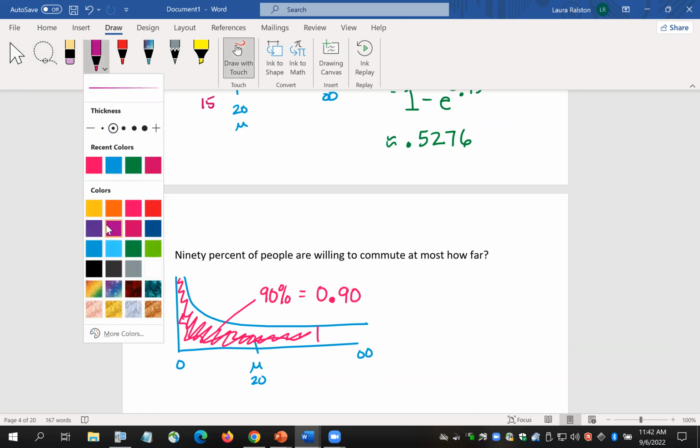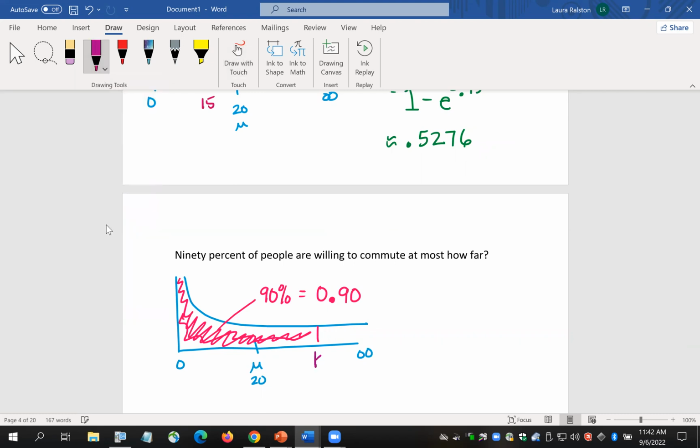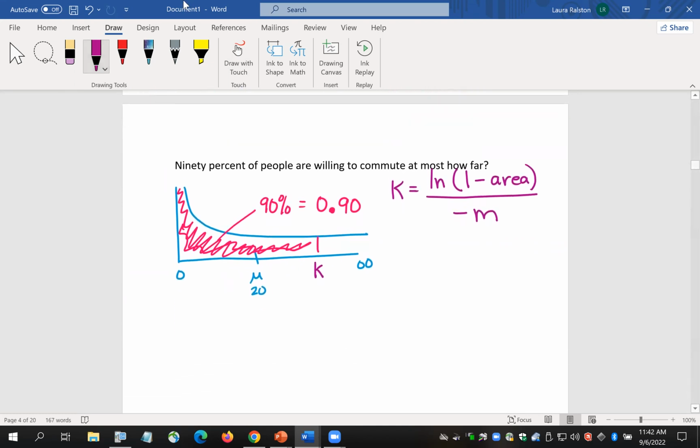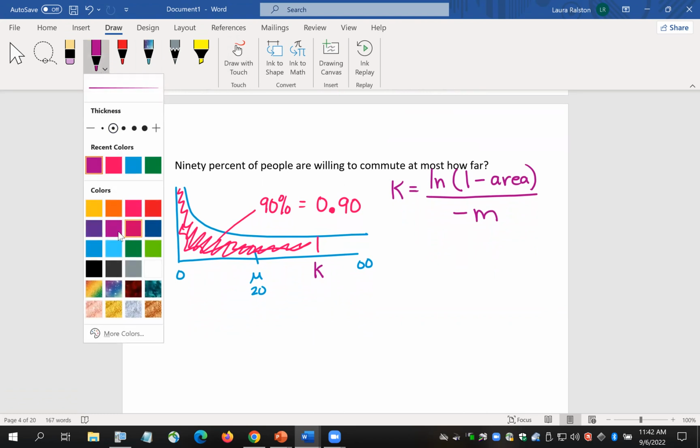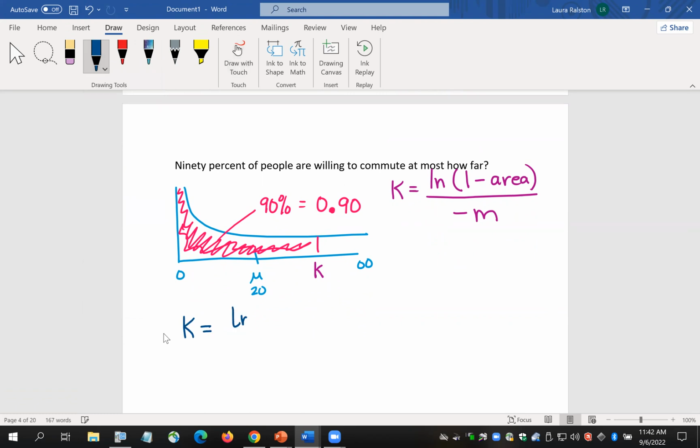Using the formula, we're going to find what they call K. K equals the natural log of 1 minus the area, divided by negative m. And once you have the formula, honestly, it becomes a plug and chug. So we have K equals the natural log of 1 minus the 90%, divided by negative 5/100, because that's the decay parameter.